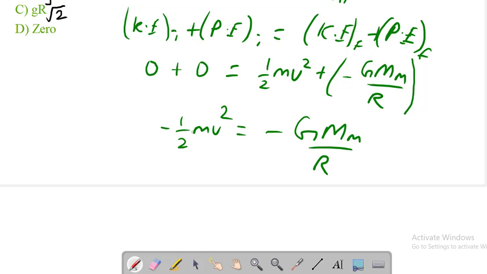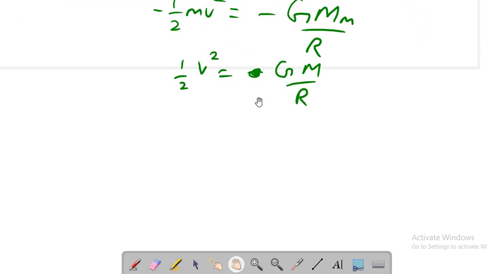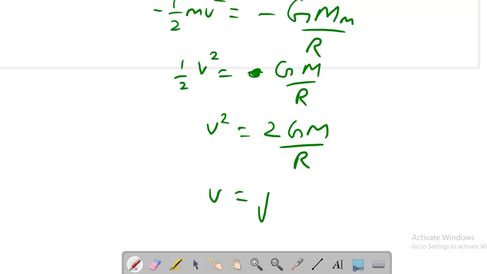Now m and the negative sign go away, so we are left with half v square equal to GM upon r. Therefore v square would be 2GM upon r, so v would be under root 2GM upon r.